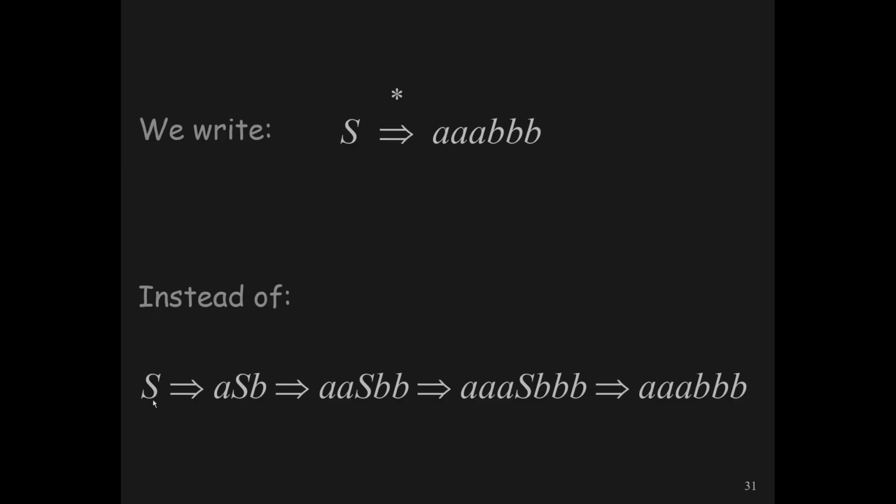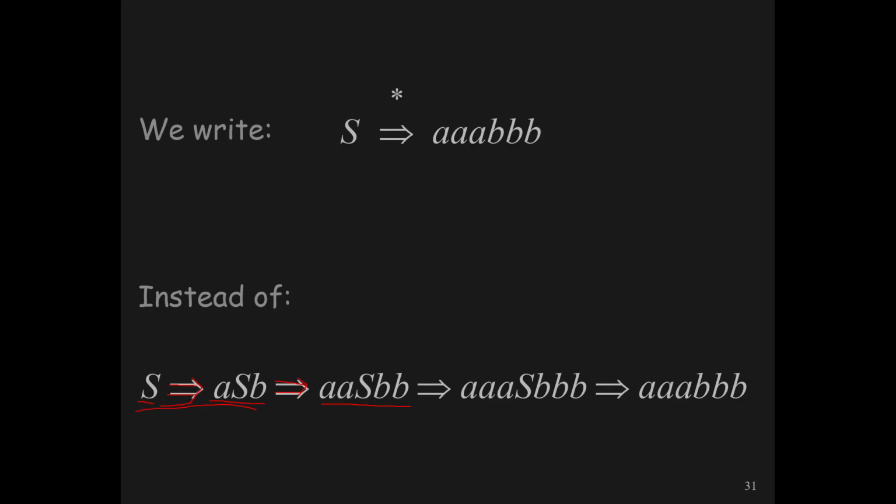A bit more notation. So this double arrow is used to represent you kind of applying a production. So there's a derivation: ASB is derived from S, then AASBB is derived from ASB, but this corresponds to only a single application of a single rule.